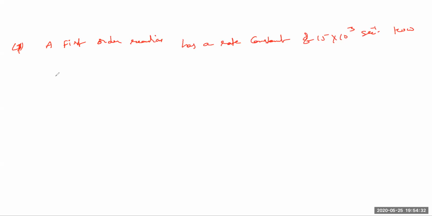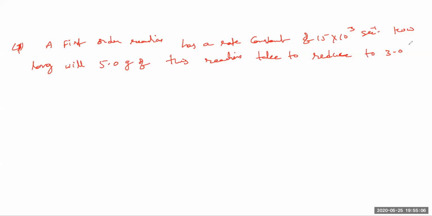How long will 5.0 grams of this reaction take to reduce to 3.0 grams?